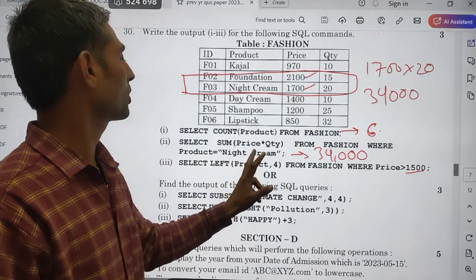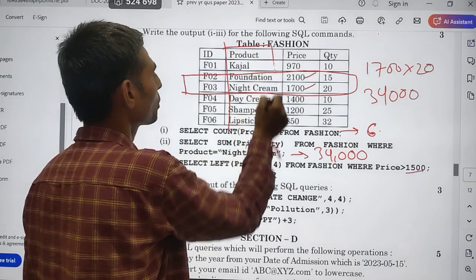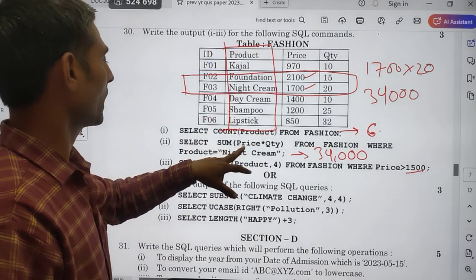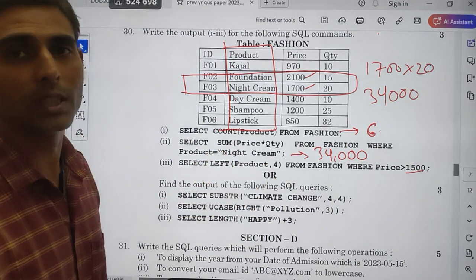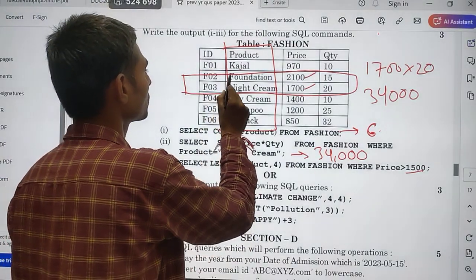Select left(product, 4). What is the name of the column? Name of the column is product. We have to select the product from these 2 rows, and select left product comma 4. Comma 4 means it will give me 4 characters from the first.